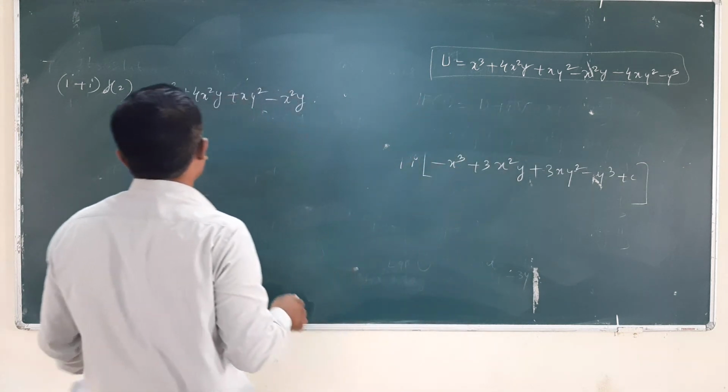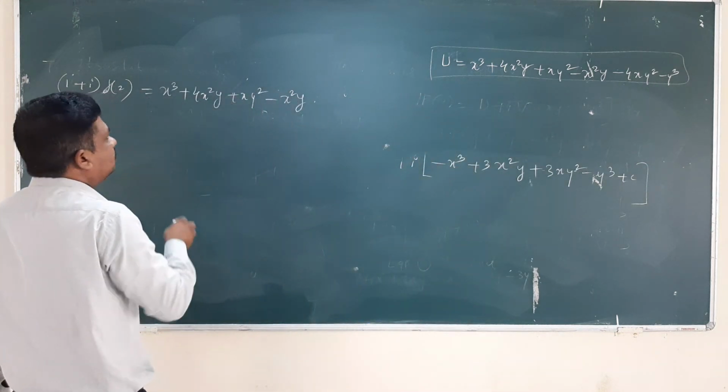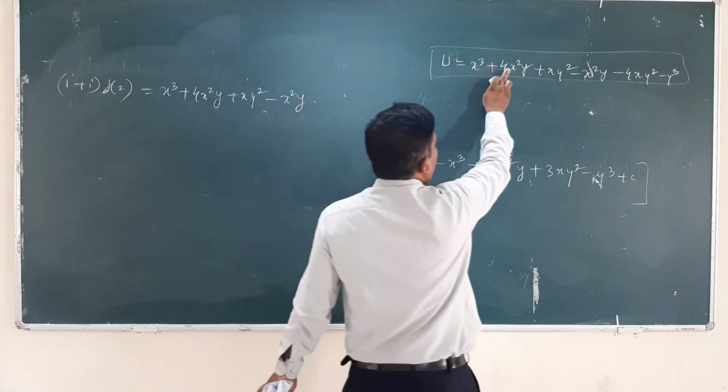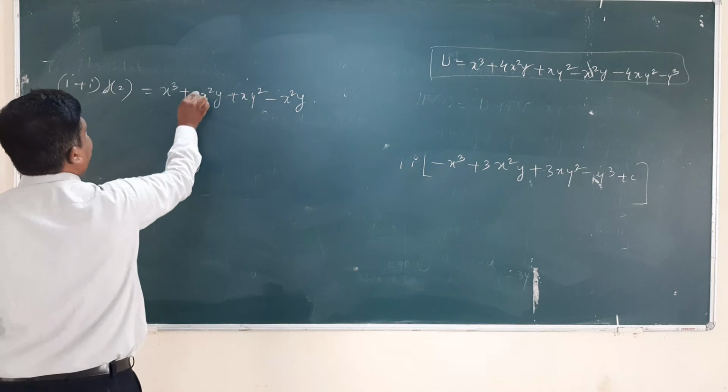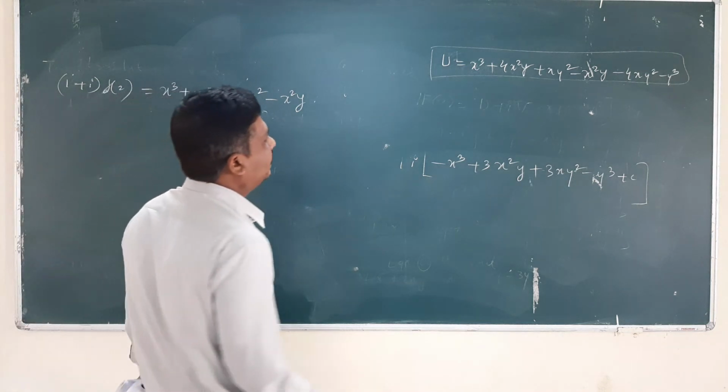So here, x cube, 4x square y minus x square y, this becomes plus 3x square y.